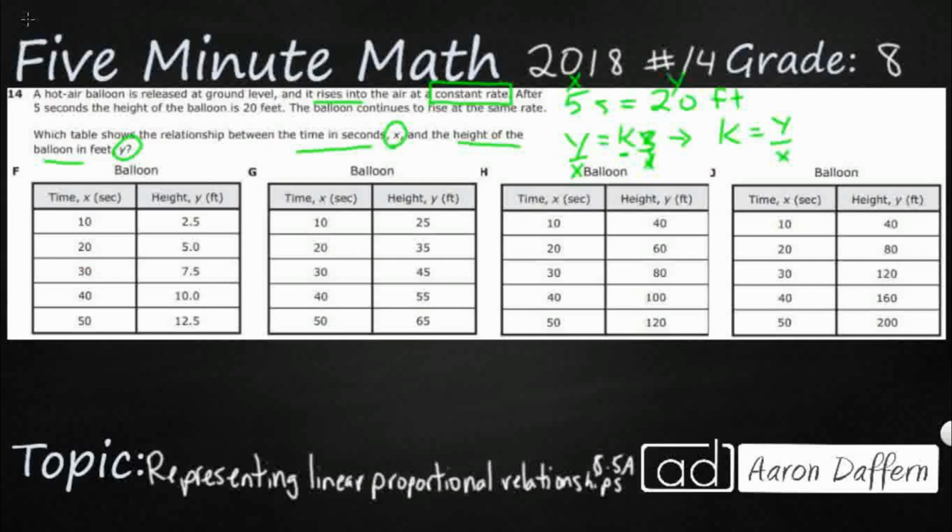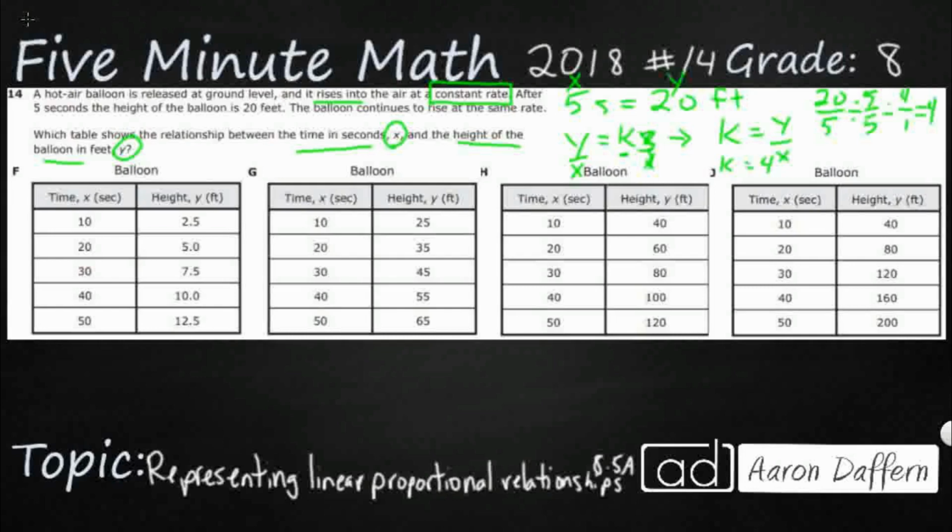All right, so let's just look at it that way. So if we look at it 20 over 5, then we are going to simplify that. Let's do it by 5s. And that is going to be 4 over 1, or just 4. So it looks like our k equals 4.